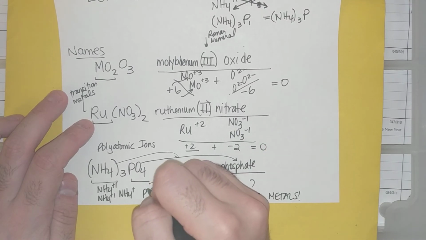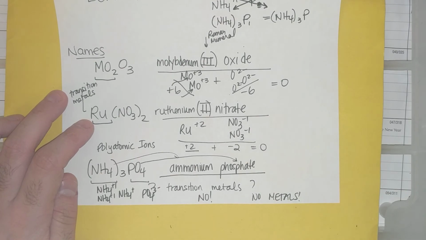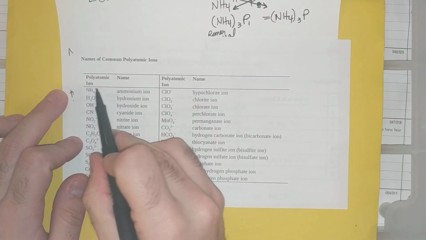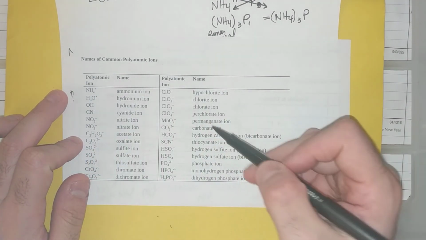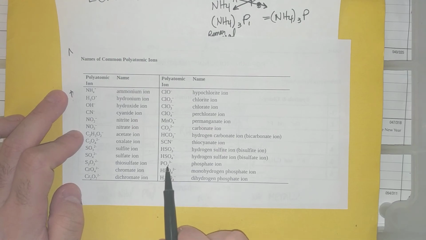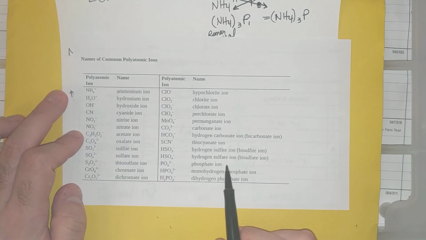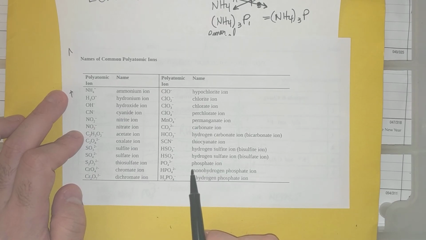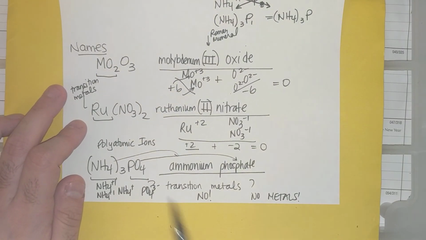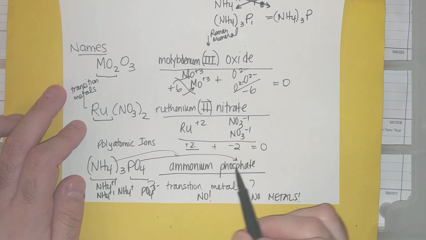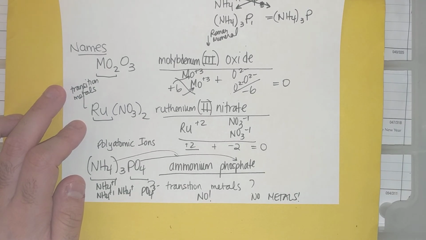And it looks like there's 1 of them. And it has a -3 charge. So if I look on here, ammonium is NH4. I don't write the word ion. PO4, which is over here, is the phosphate ion. And I don't say or write the word ion. It's just phosphate. So the way that I name (NH4)3PO4, it doesn't matter if there's 3 of them, it's going to be ammonium phosphate. Okay?